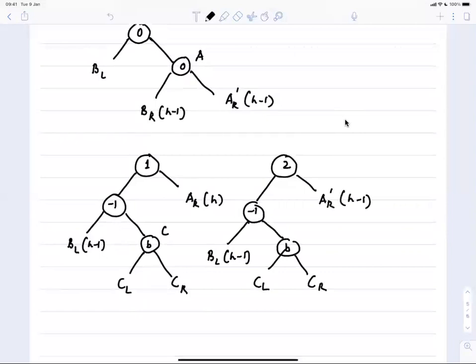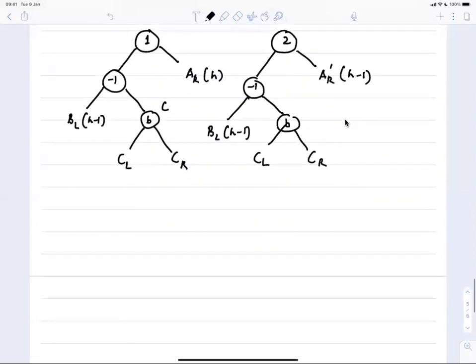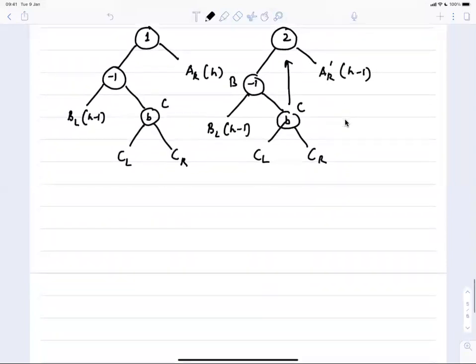Height is reduced. You only have to worry when the balance factor becomes imbalanced, is what we're looking at. So now this node C will go here. So this is like a right-left rotation, which we are talking about.